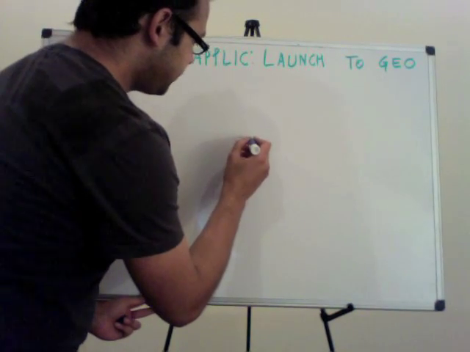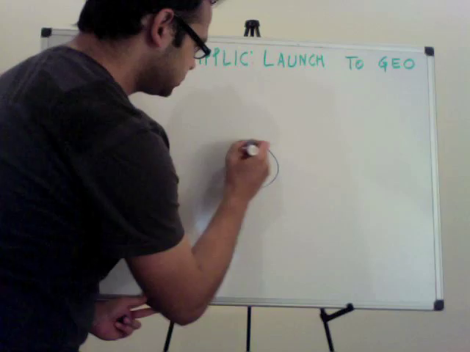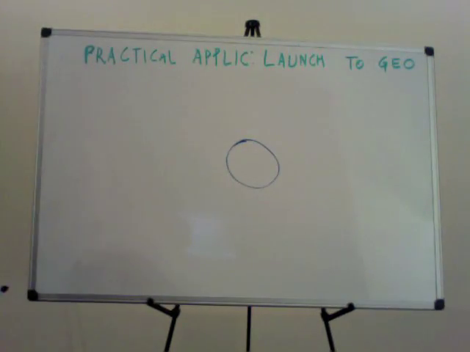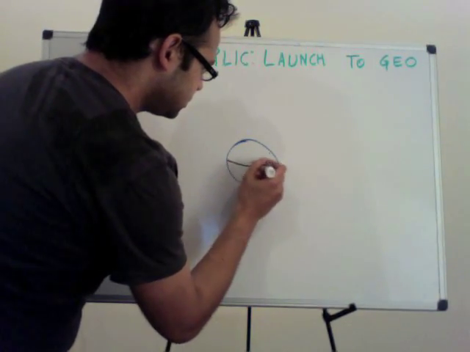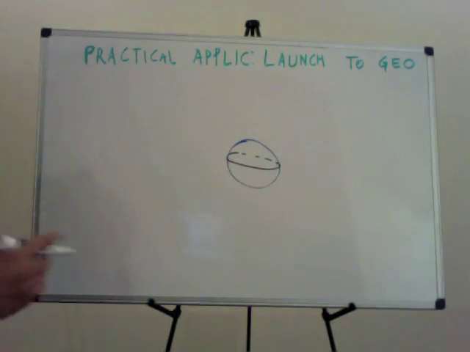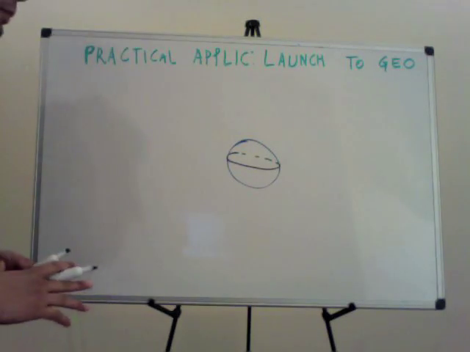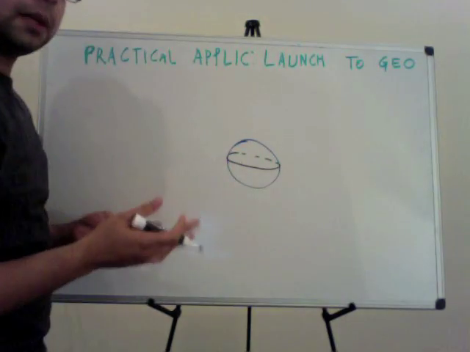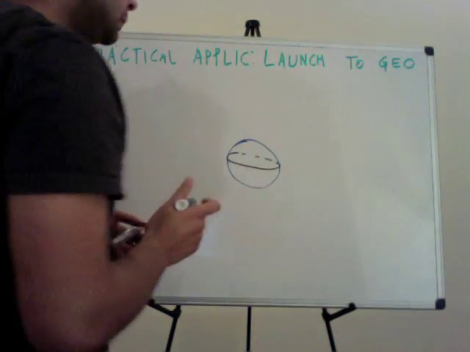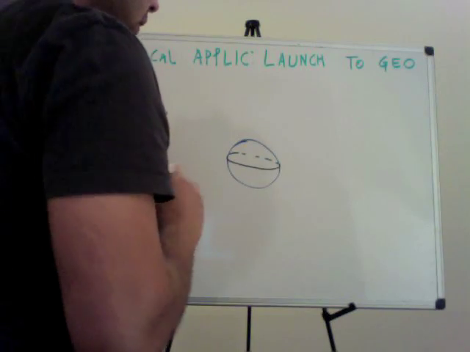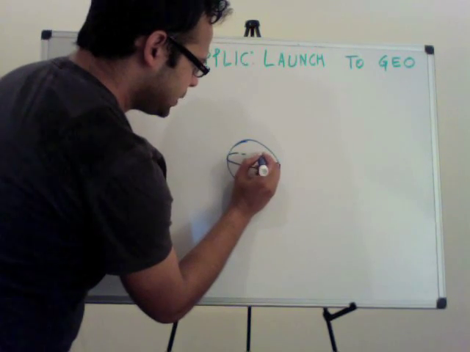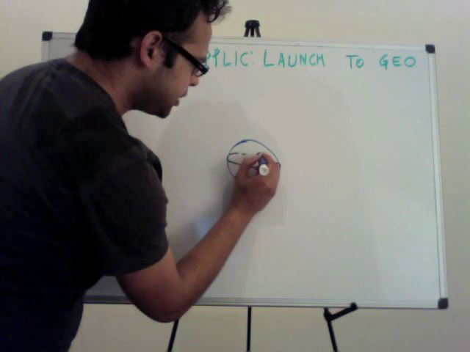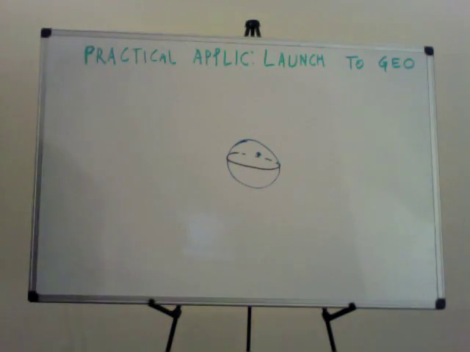So here's the Earth, and very important, here's the equator. The plane of the equator is the equatorial plane, and that plane is coincident with the plane of GEO. This is 0 latitude. The Kennedy Space Center is around 28 degrees latitude north, so I'm going to say that that dot over there is the Kennedy Space Center.